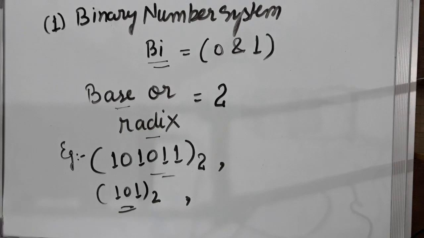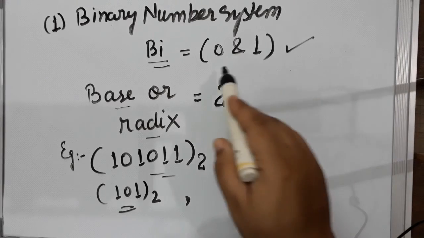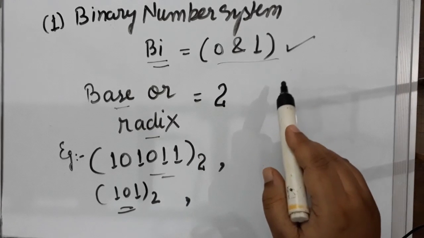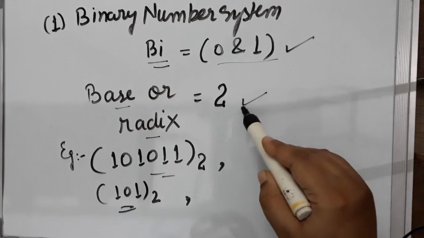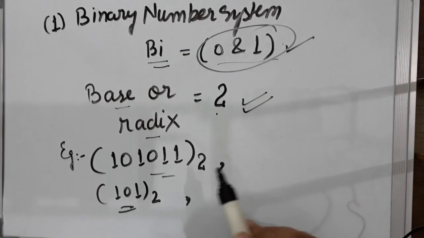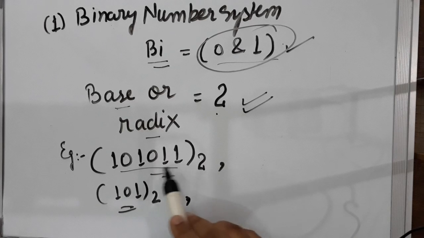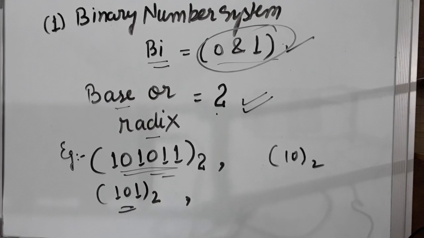So the binary number system always has 0 and 1, only 2 numbers, combination values would be there, and the base or radix of the binary number system will be 2, because it contains only 2 numbers. Whatever the value, it will always be a combination of 0 and 1. So this could also be a binary number, but it is not 10, it is 1 0.